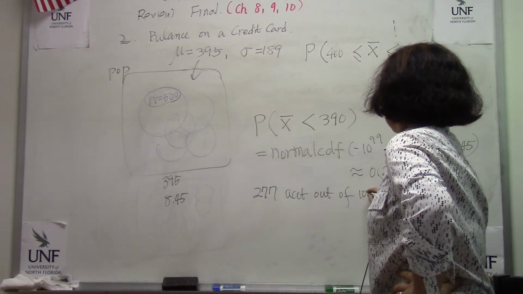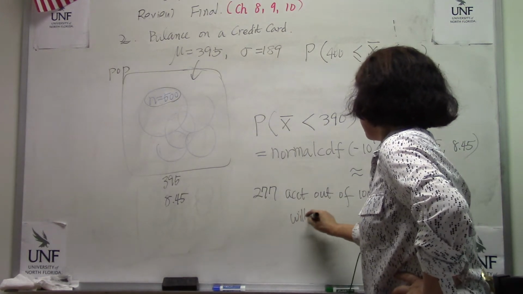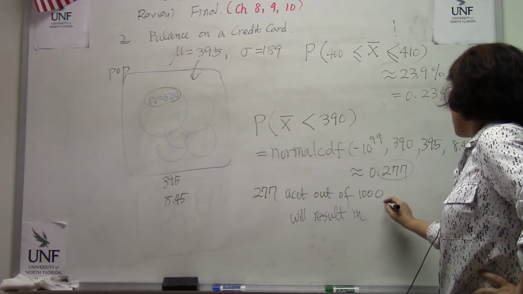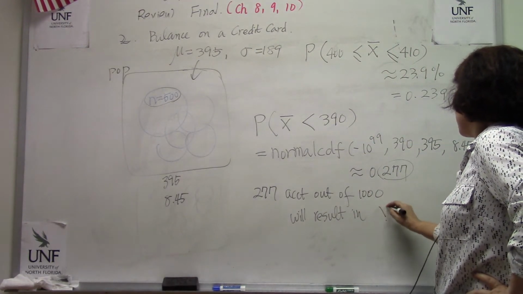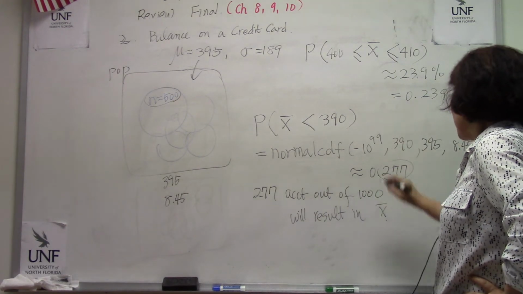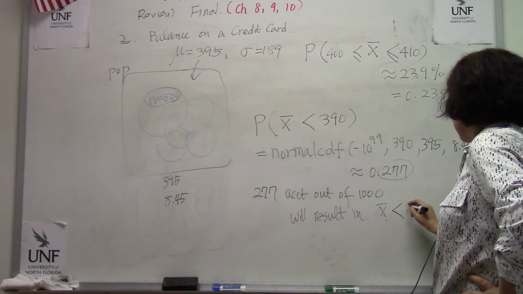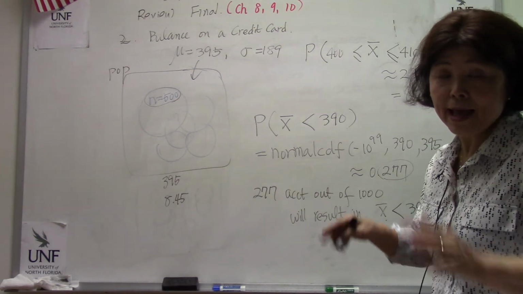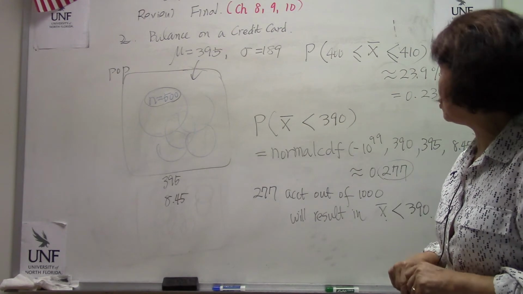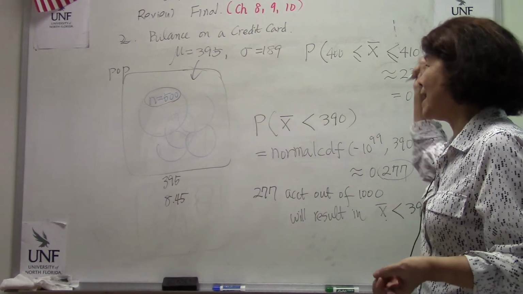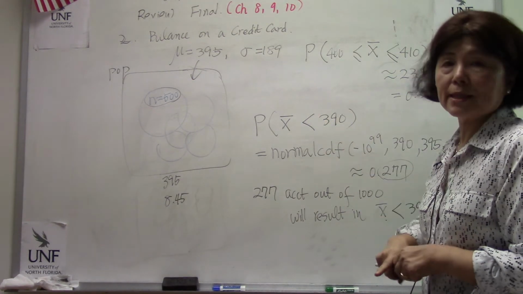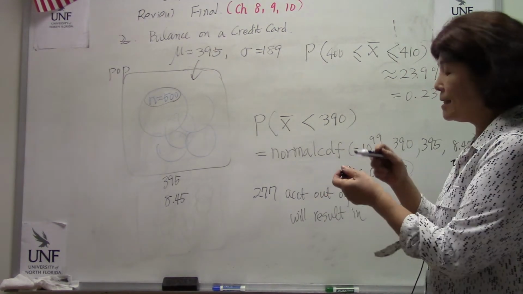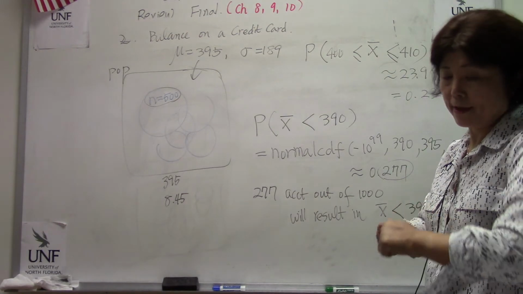Out of 1,000 will result in the mean of this account balance being less than 390. That's how you understand, okay? As long as all these sampling distributions, you understand that this is not a single case, okay? So we are going to look at those samples out of how many, okay?